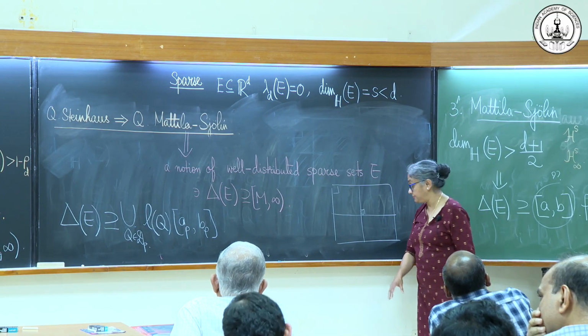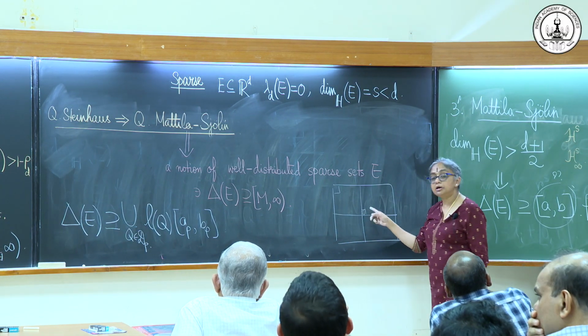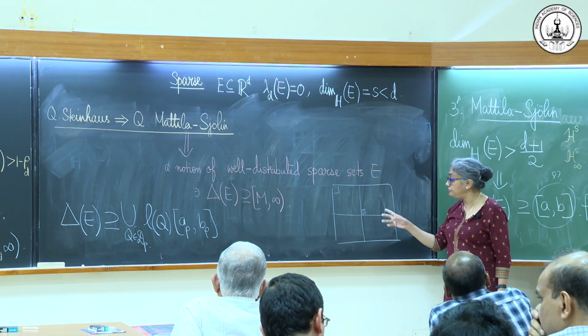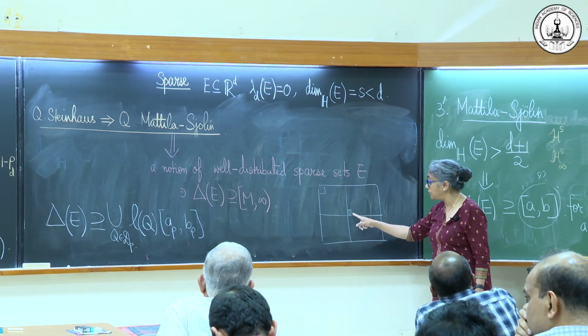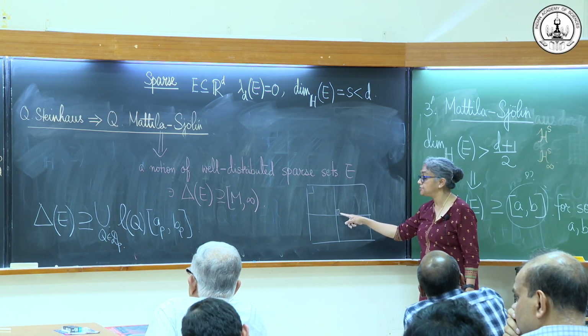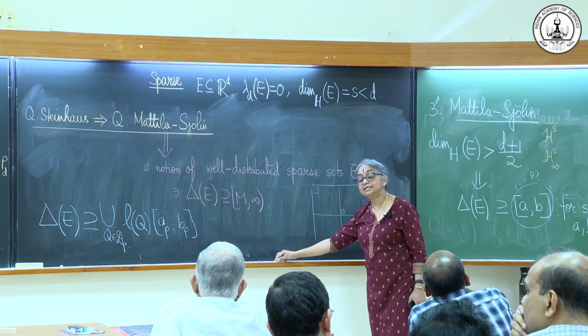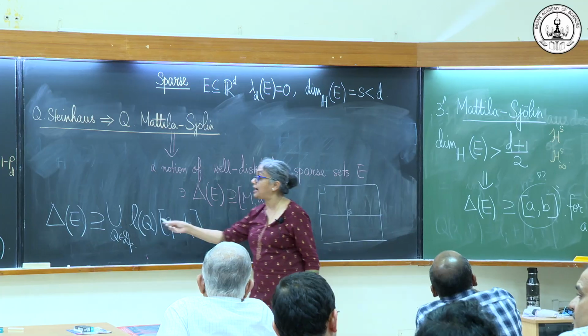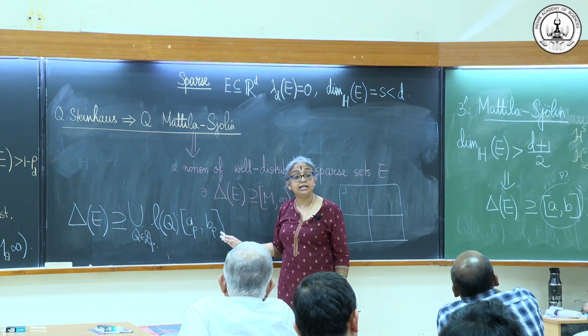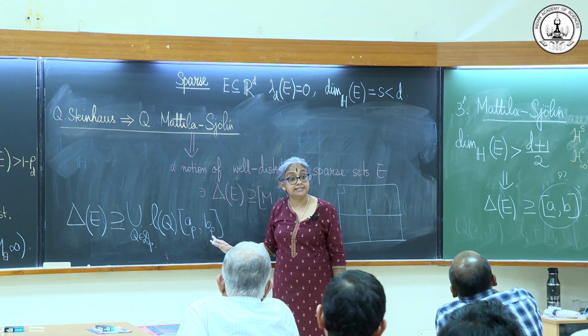There is a reason for this. You can go on splitting away, and chances are if you keep splitting away, if this has positive dimension and so on, it will still give you more children. But let's see what's the point here. The point was to identify large intervals inside the distance set.